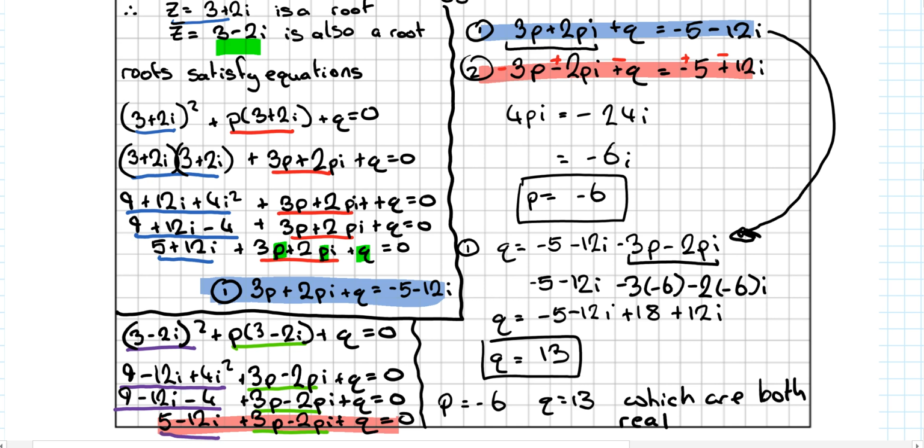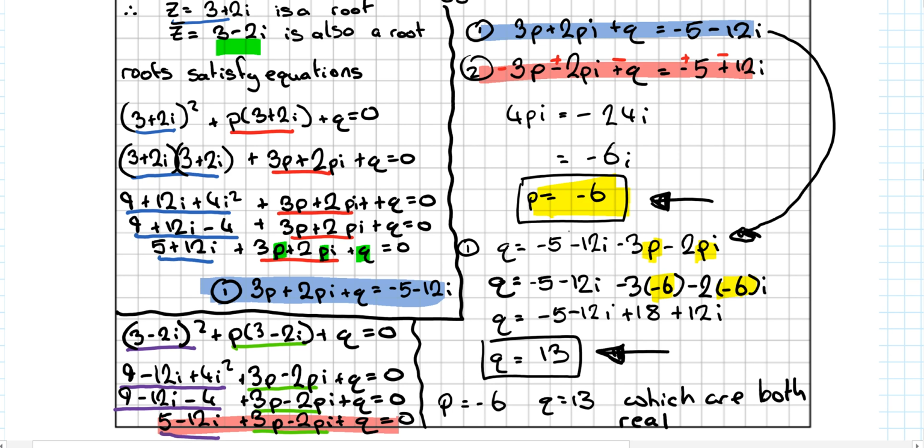You can see it here now, they're minuses, so I've subtracted it from both sides. And filled in my p, so I know p is minus 6, so I'm filling that in here and here. And I've only one unknown now, which is the q. So it all multiplies out to getting q is 13 and p is minus 6.